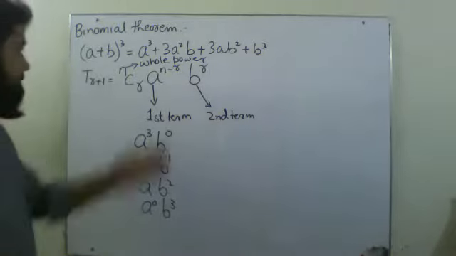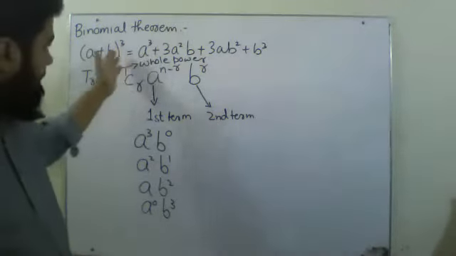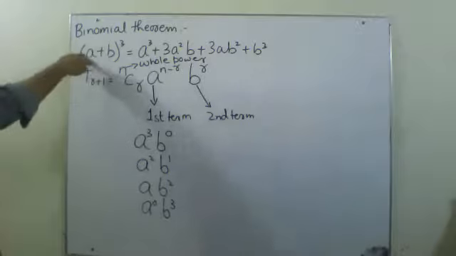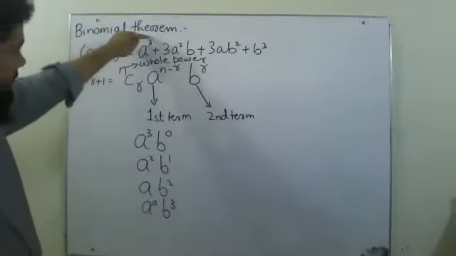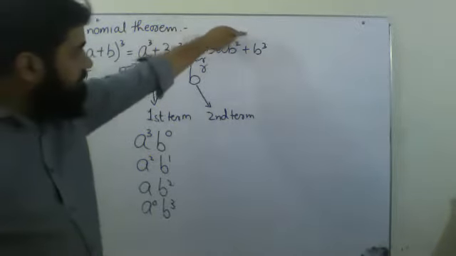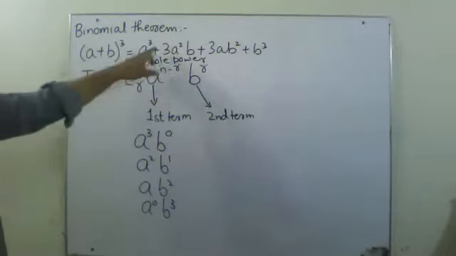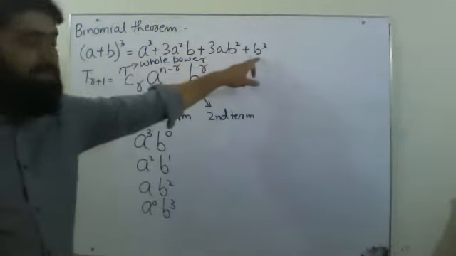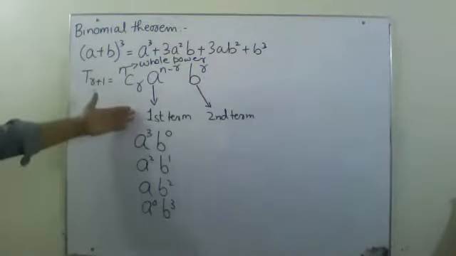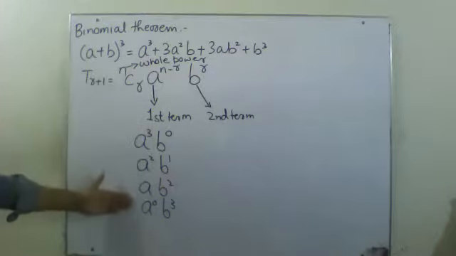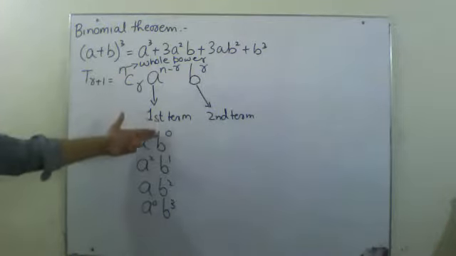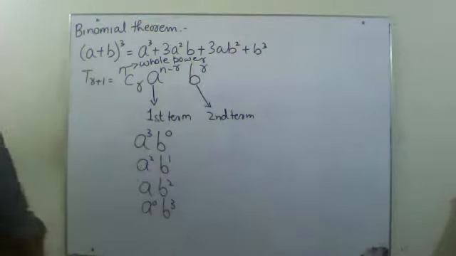Okay, they are written in a pattern. The first term is having descending powers and the second term is having ascending powers. See over here, the first term is having descending powers and the second term is having ascending powers.